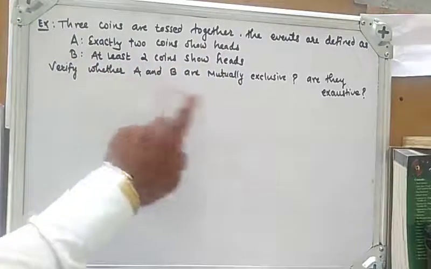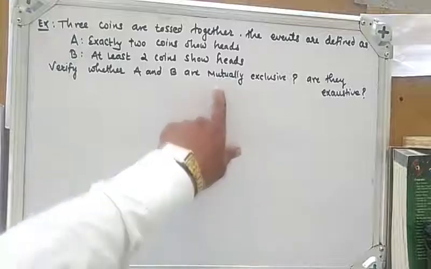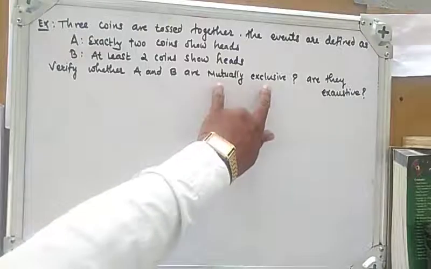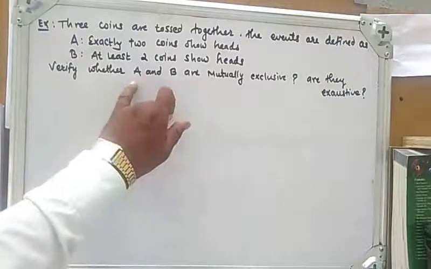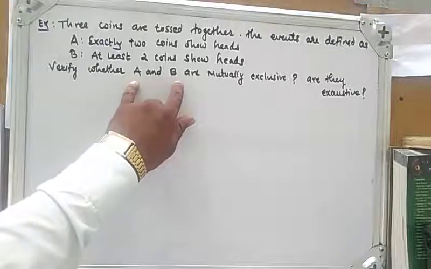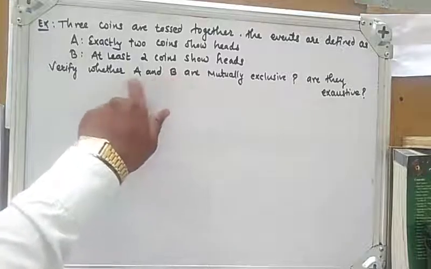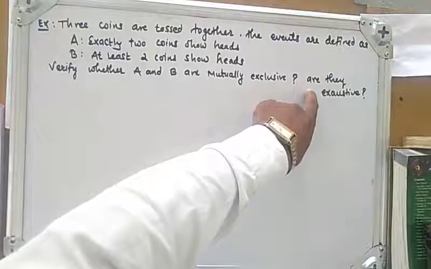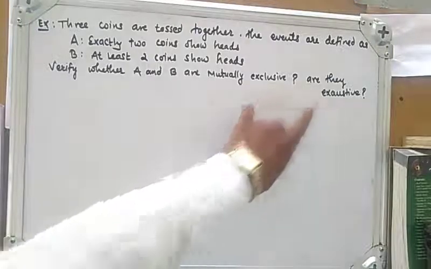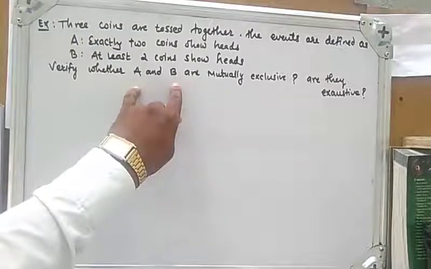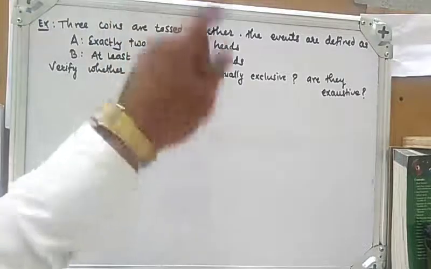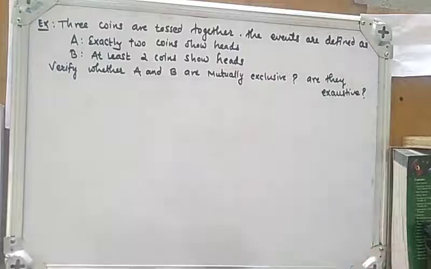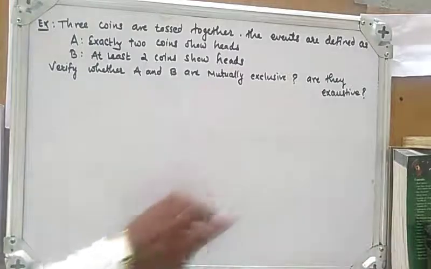Verify that A and B are mutually exclusive. Mutually exclusive means A intersection B is empty. Next, are they exhaustive? If A union B is equal to the whole sample space, then they are exhaustive.